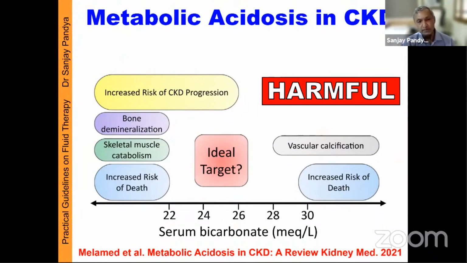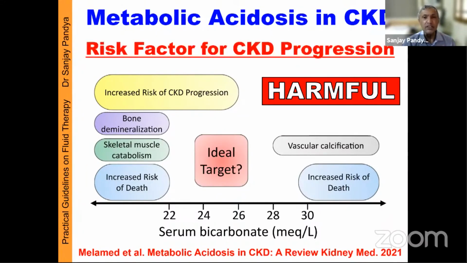It leads to bone demineralization, which weakens the bone, and even muscular and skeletal weakness is very important, and that increases the risk of death when pH is low. Even high pH is going to be harmful, and therefore try to keep the bicarbonate level between 24 to 26, which is ideal as per the current recommendation.